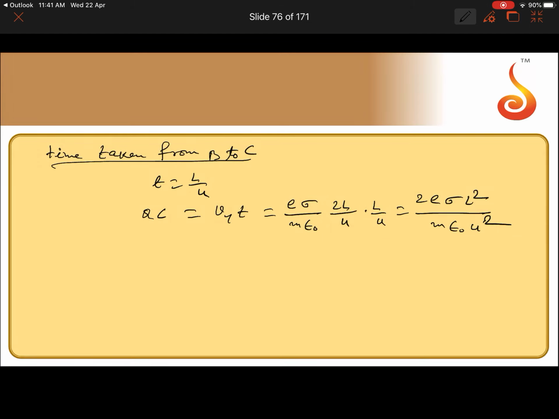So we find PB and QC are equal, and also PB plus QC is nothing but d by 2.